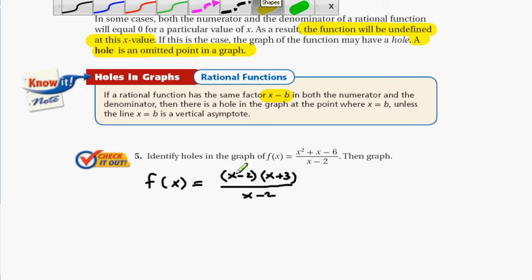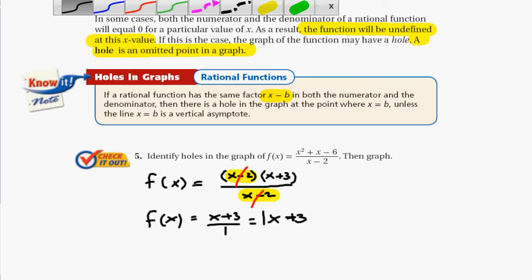Well, I want you to note here that both the numerator and the denominator have an x minus 2, and I can factor that out. If I cancel that out, I'm left with f of x being equal to x plus 3 over 1, or just x plus 3.